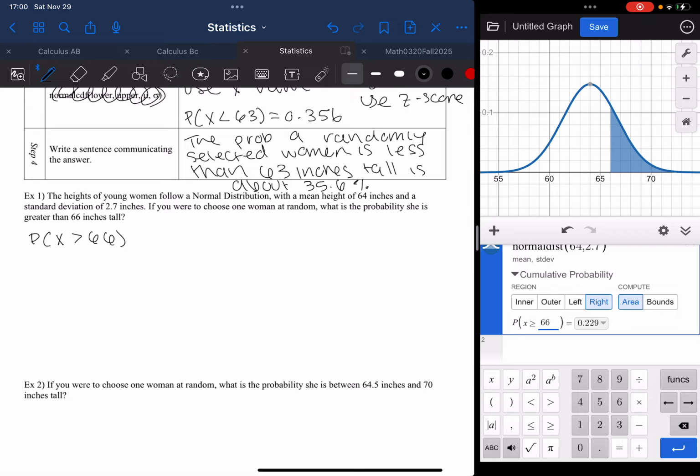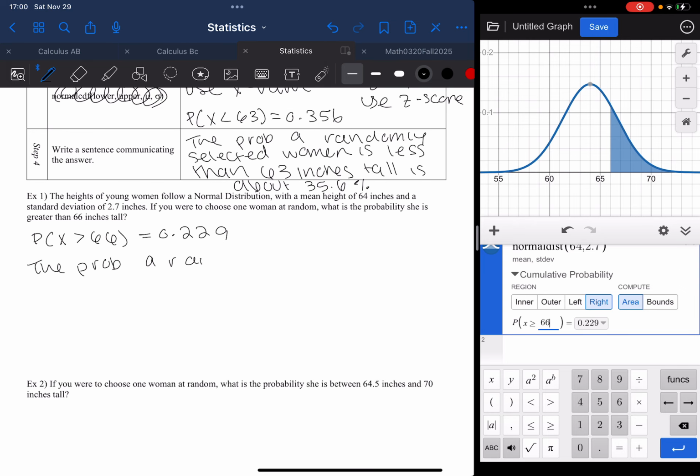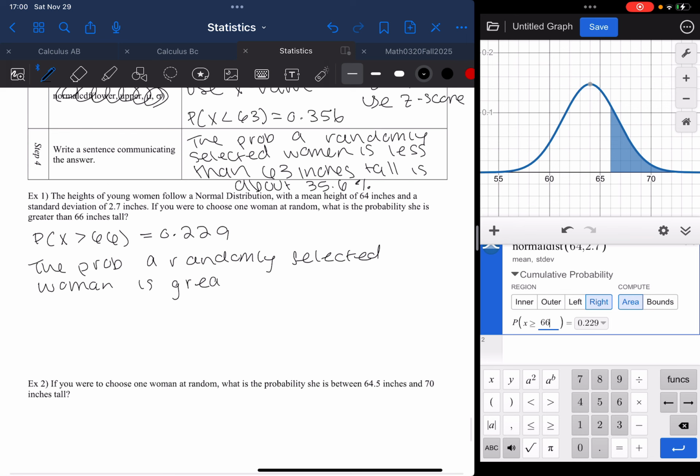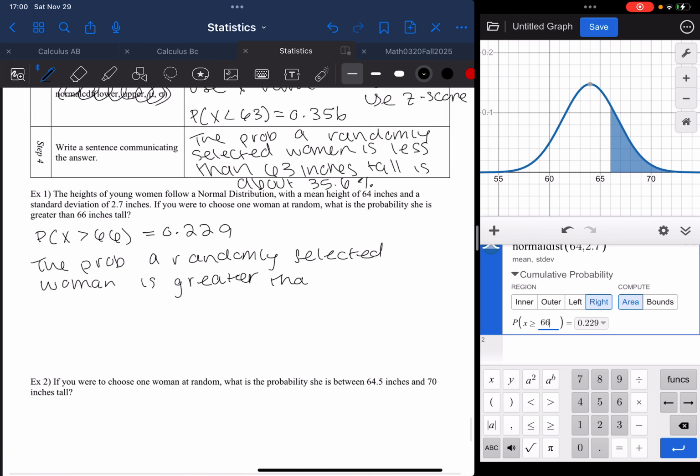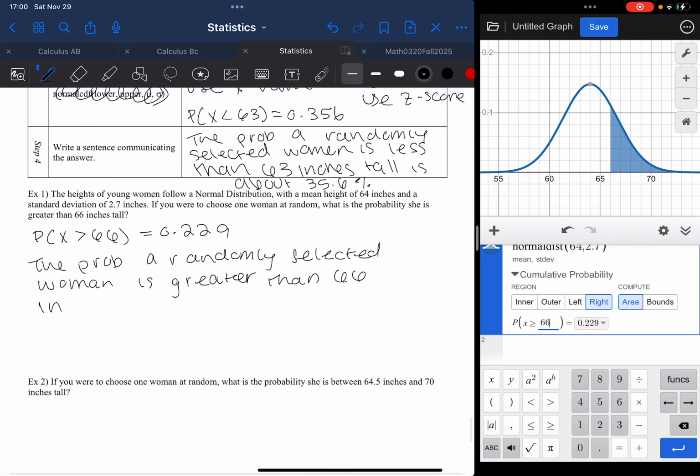And I get my area, which is 0.229, which means the probability a randomly selected woman is greater than 66 inches tall is about 22.9%.